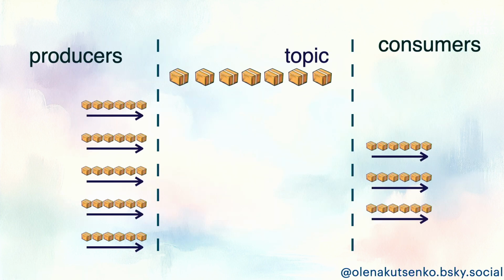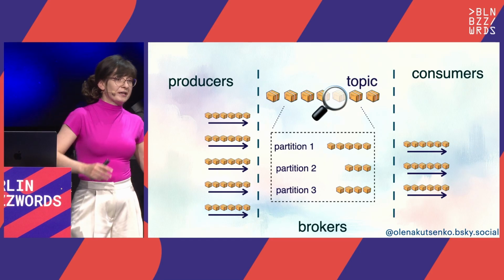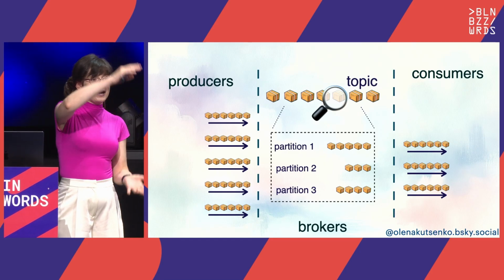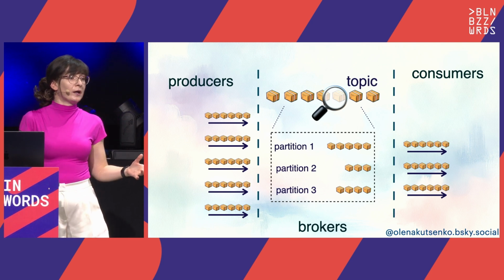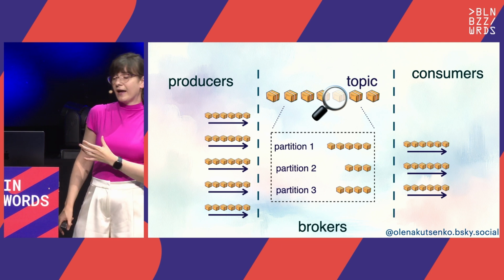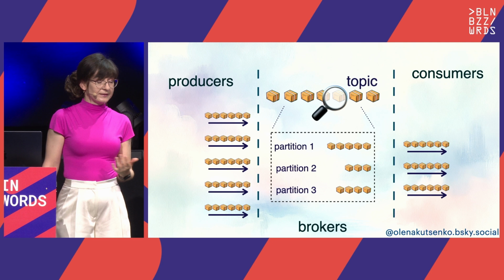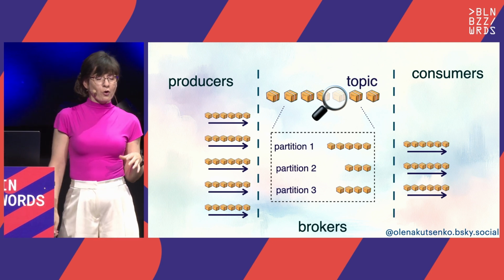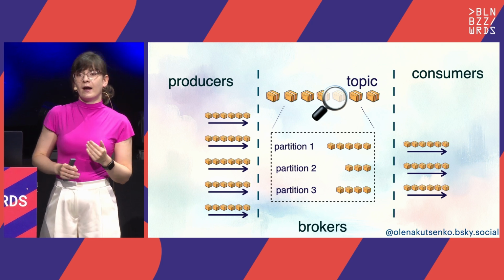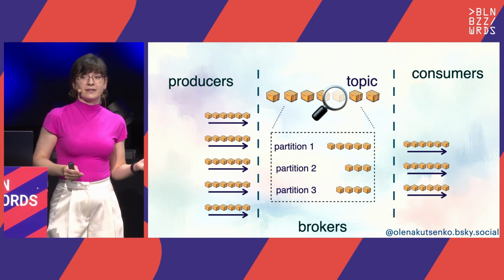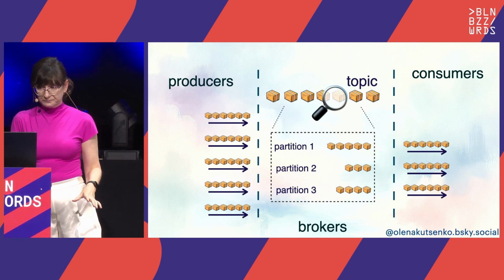You can think of it as a pipe where the data moves like water, and we can actually change the size of the pipe. We can add more producers and more consumers when we need to transmit more data, and the data is securely stored and also replicated across brokers. So it's a very reliable system which is built for low latency and high throughput. It's actually an amazing piece of technology.